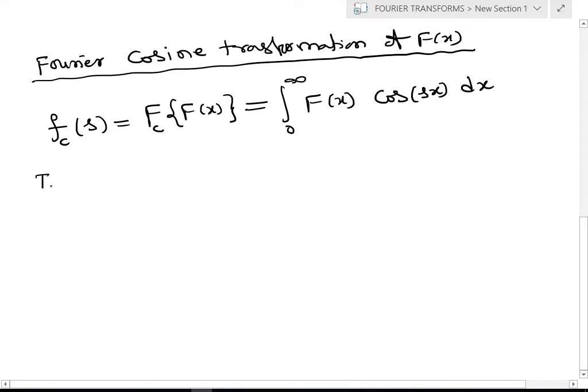Then how do we define the inverse Fourier cosine transformation? That gives back f of x.